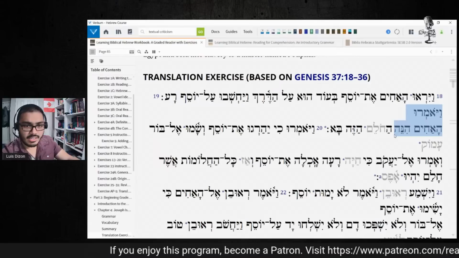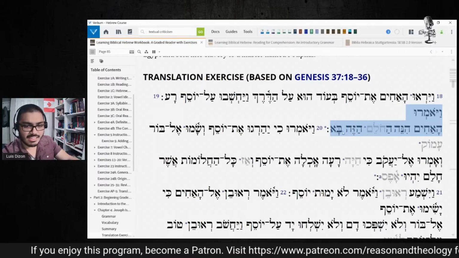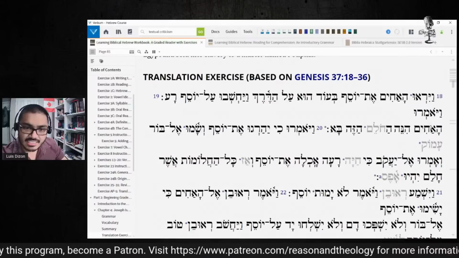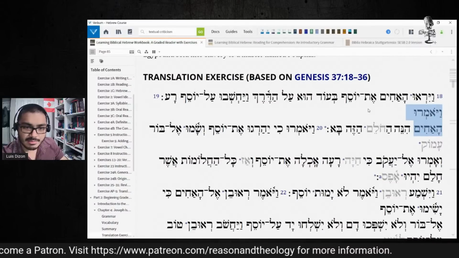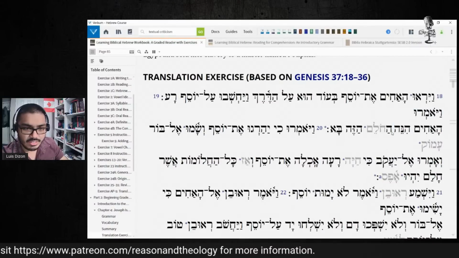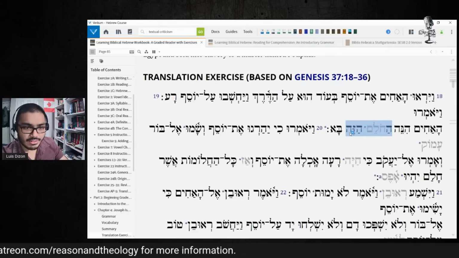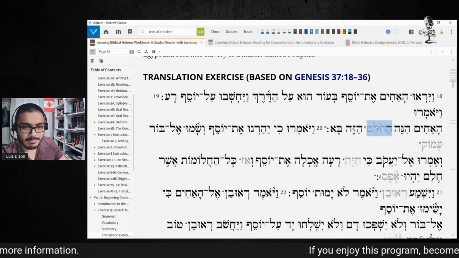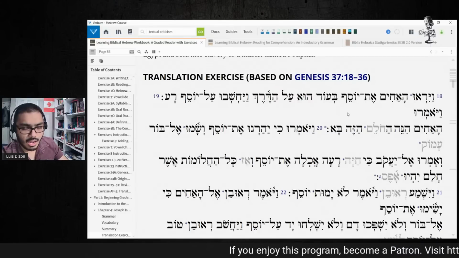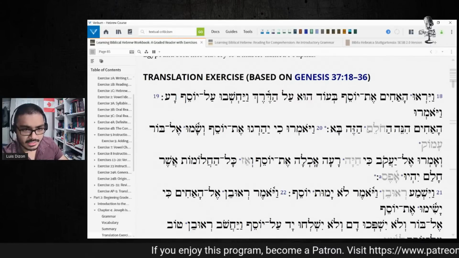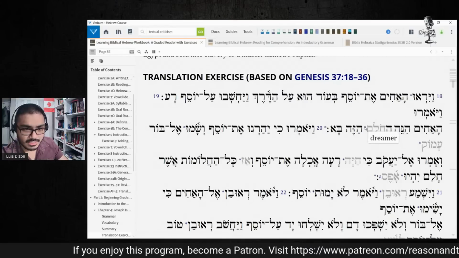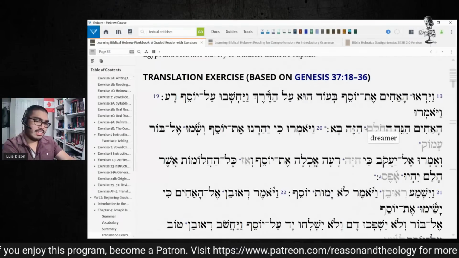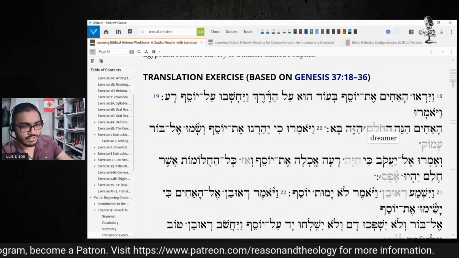Vayomru ha'achim hine ha'cholem hazeh ba, and the brothers said, behold, this dreamer comes. Cholem is a participle form of chalam, which means to dream. You translate that literally as dreamer, but it's really the one dreaming.